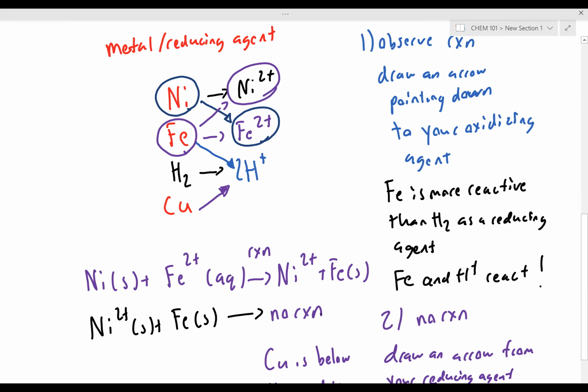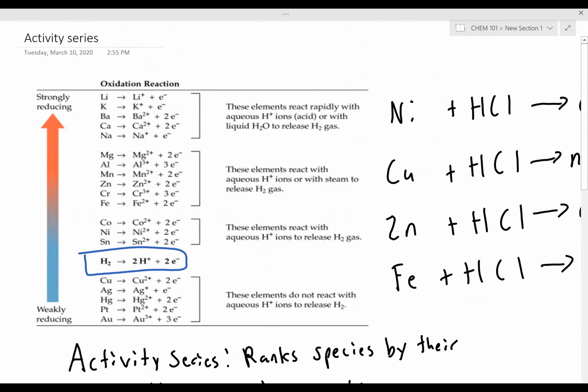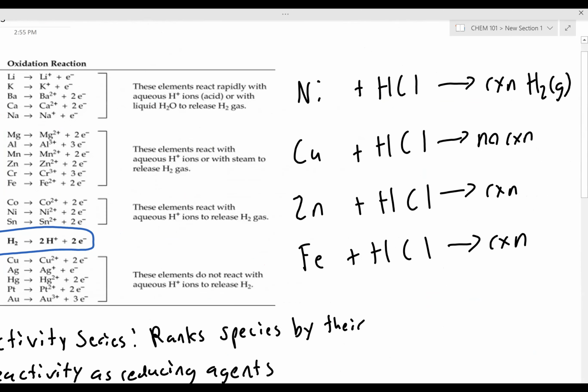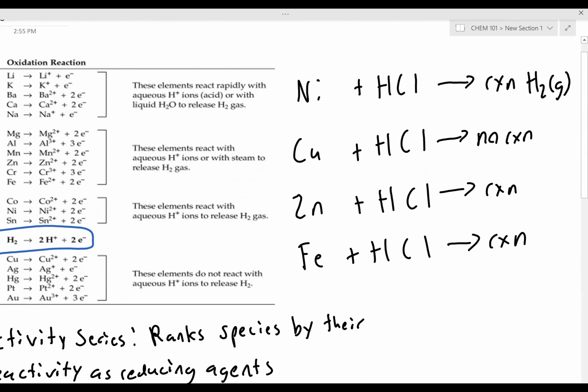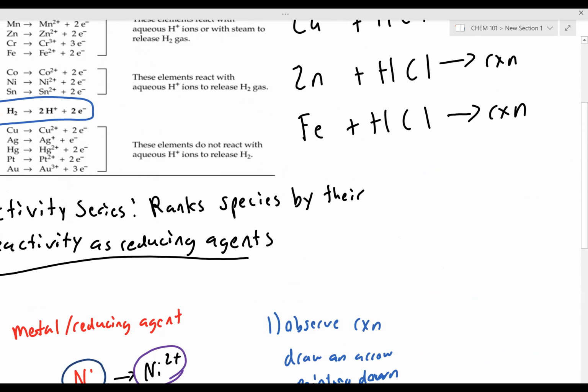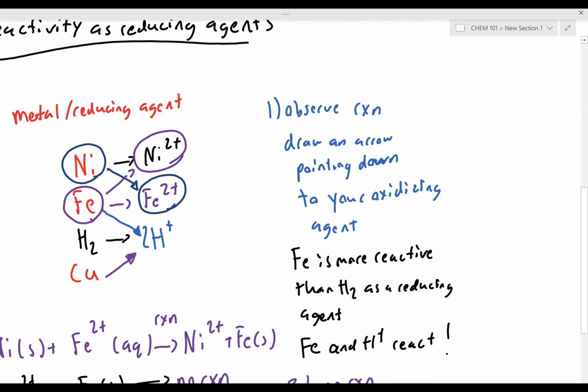So based on whether you see a reaction or no reaction, you can place your metal relative to your metal ion. And that's what you'll be doing today. Does that make sense? So just to go through this example again, I ran these 4 reactions and I got these 4 pieces of data, basically whether I saw a reaction or whether I didn't. From these pieces of data, I can rank.